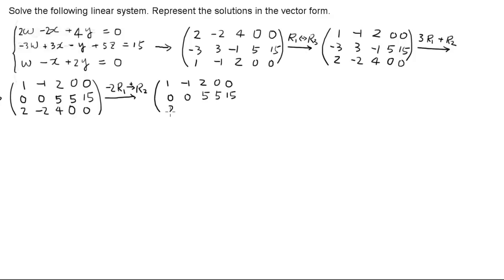Oh, this is going to be 0 now, and this is going to be 0 again, and 0, and 0. So we have a 0 row, and that's good.